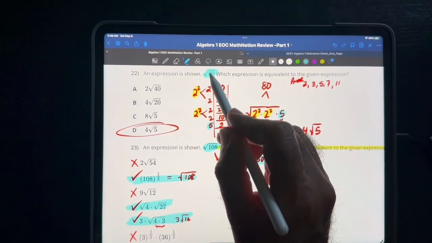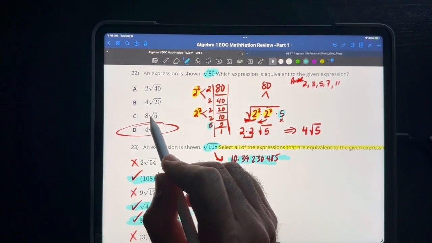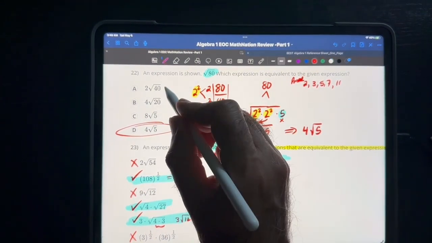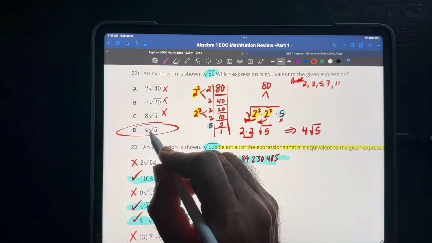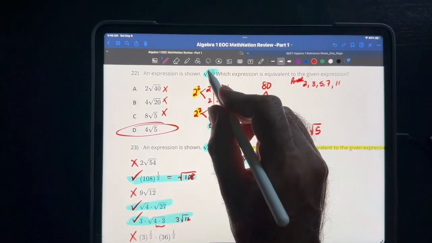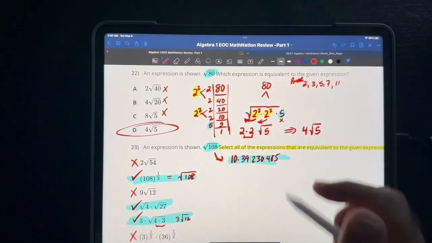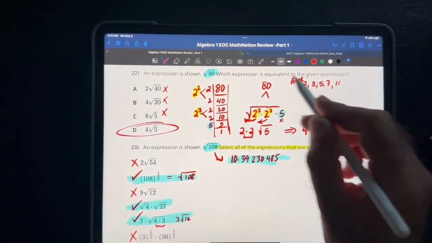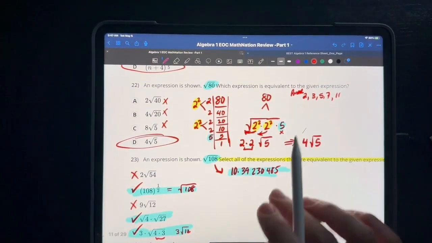I could have gotten the decimal here, then figured out this decimal, this one, that one. None of these would have worked. But when you put in the square root of that, these would be the same decimal. Okay, and you just match it up. And then you don't have to be worrying about doing all of this. Some of you might forget this whole process.